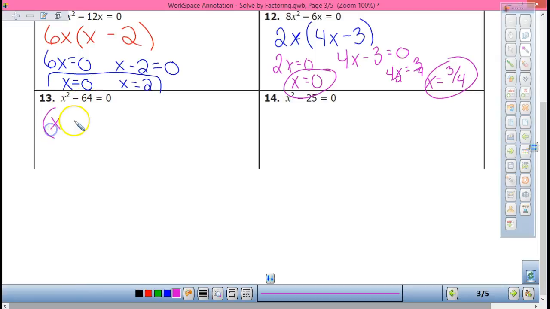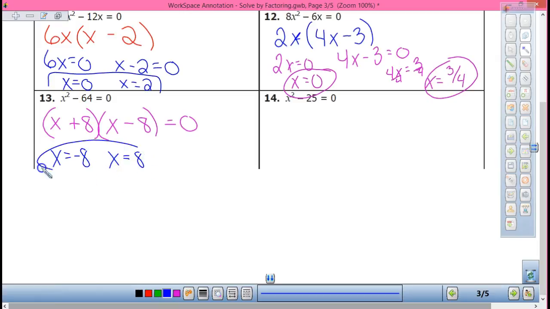So x plus 8 and x minus 8. Good. Okay, just opposite signs. So let's do a little shortcut now. X equals -8 and x equals 8. Nice, right?